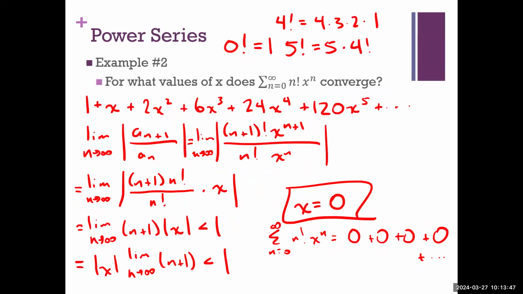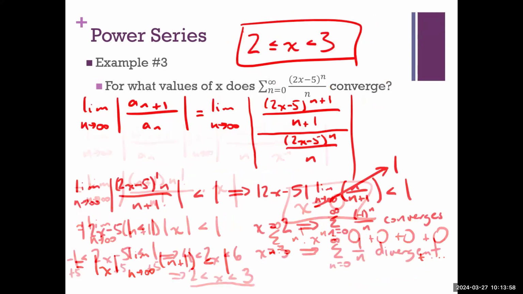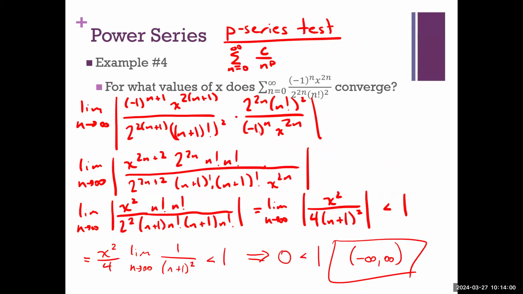For that one, there are no non-zero values of x for which it converges. If you let x be anything other than 0, the series will get too large and diverge. This one's the other extreme: no matter how big you allow x to get, the way this series is defined, it will converge.